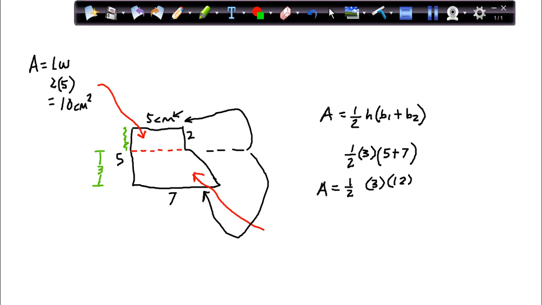So 3 times 12 is going to give us 36. And 36 times half, bring the half down. So the area is equal to half of 36. Area equals exactly what they have in your book. Half of 36 is 18 centimeters square.